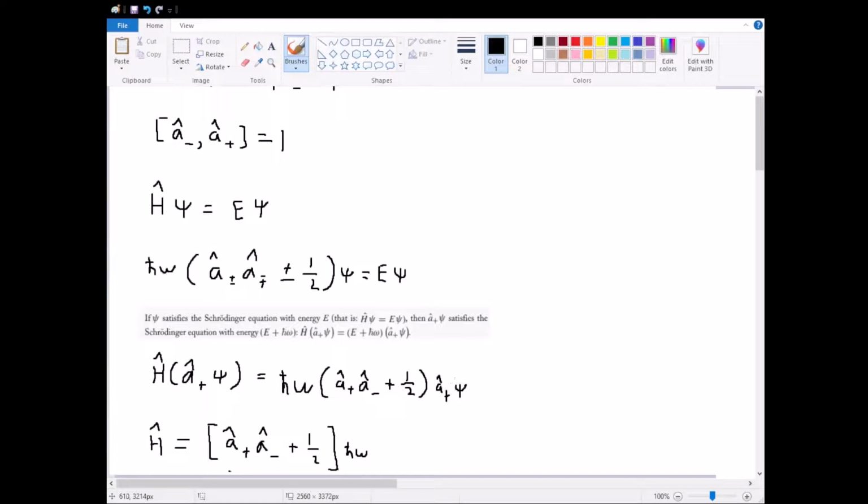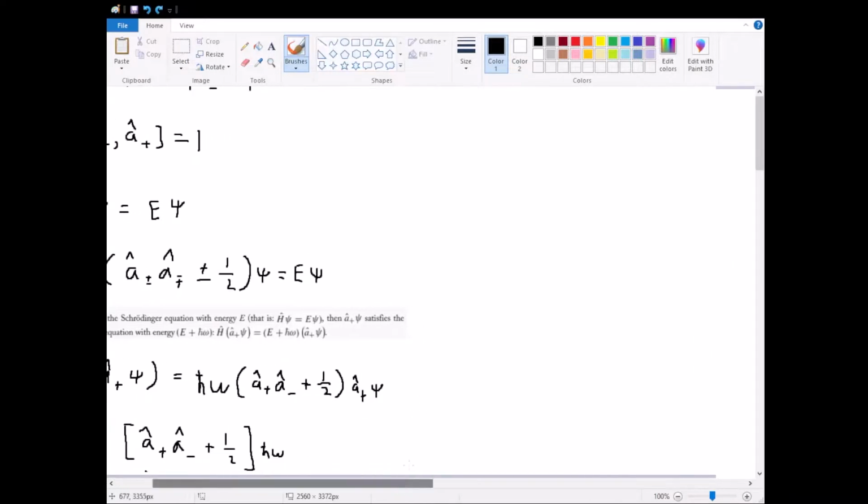And what we can do is absorb this a hat over here into our parentheses. But remember that order does matter. Order matters very much when we're dealing with operators. So we have to add this a hat plus to the right of both of these expressions.